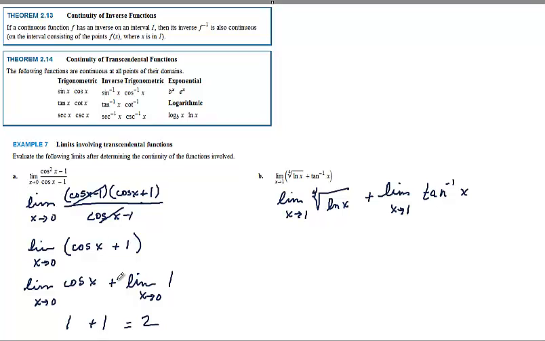Oh, I found the limit of the first one, but I didn't discuss the continuity. So this would be my place of discontinuity at 0, and since the limit exists, which would be the function value, then the first one would be continuous. I do need to follow those same little criteria that I've been following.